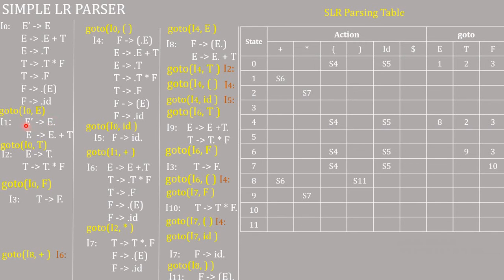Now when we apply the reduction operation, we have to consider whether that production is the production which we have added. In our previous video, we learned that to make our grammar an augmented grammar, we introduced a new production. That is, a new non-terminal symbol tends to the starting symbol.